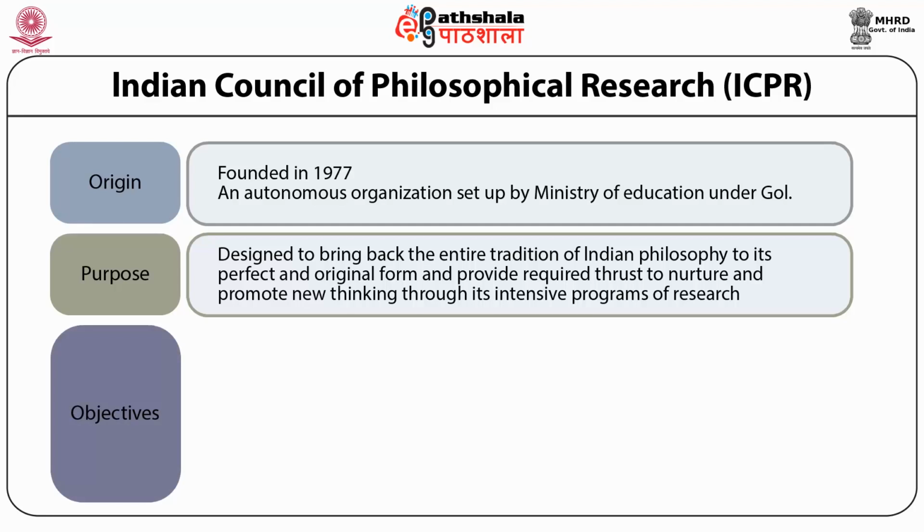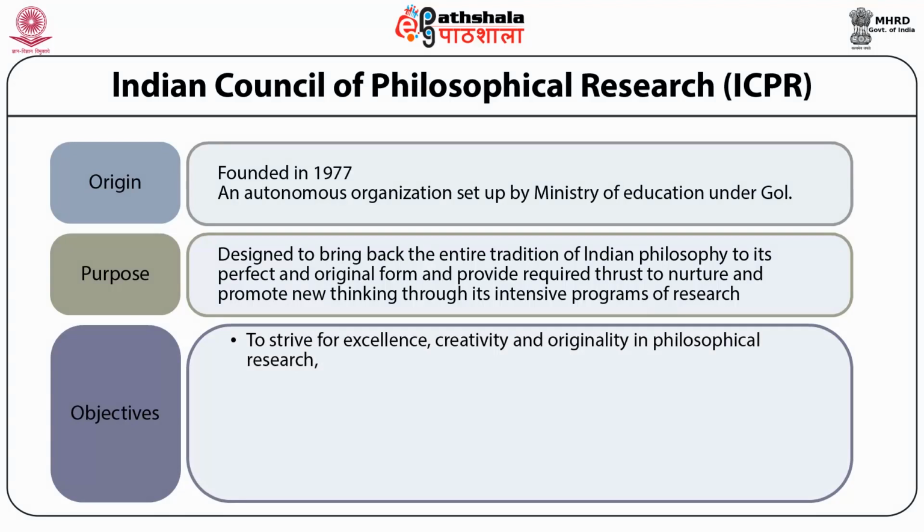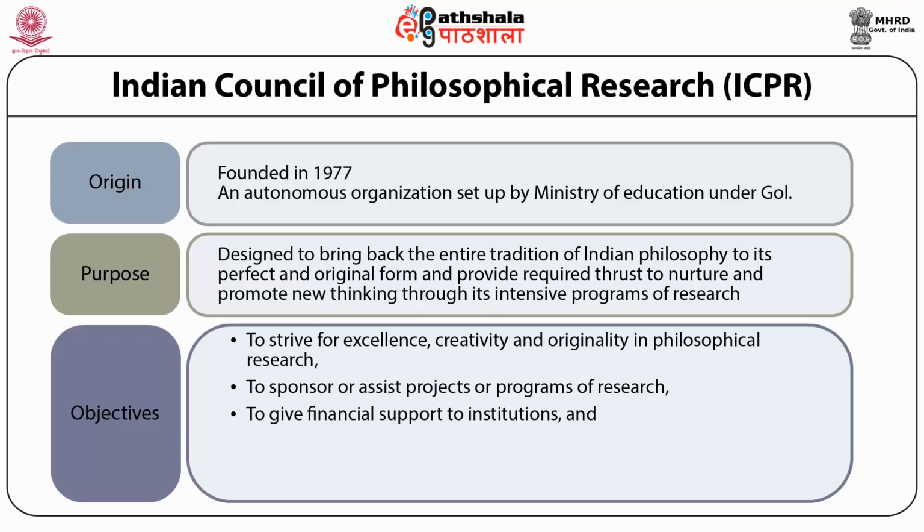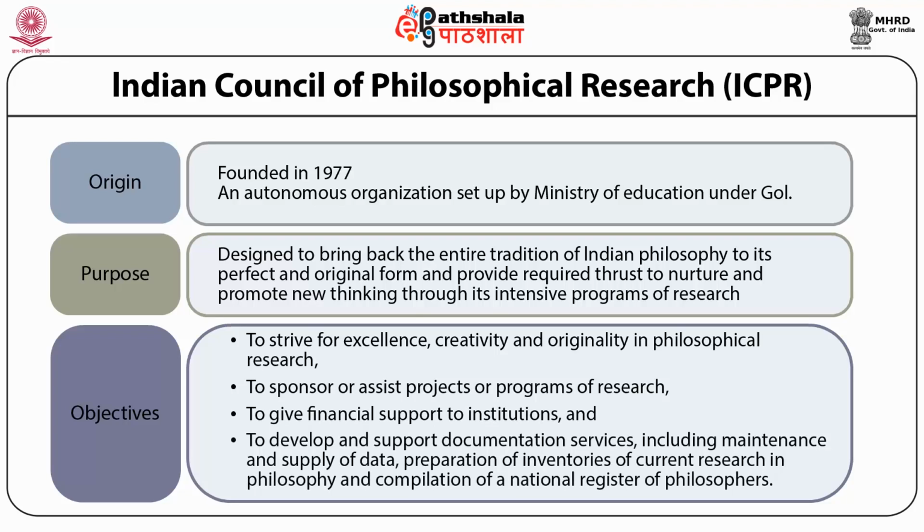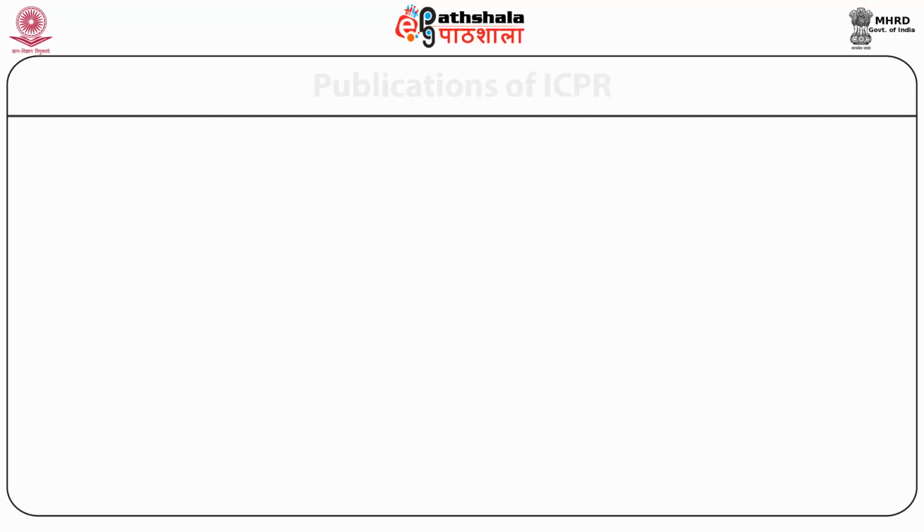The main objectives of the Council are to strive for excellence, creativity, and originality in philosophical research, to sponsor or assist projects on programs of research, to give financial support to institutions, and to develop and support documentation services, including maintenance and supply of data, preparation of inventories of current research in philosophy, and compilation of a national register of philosophers.